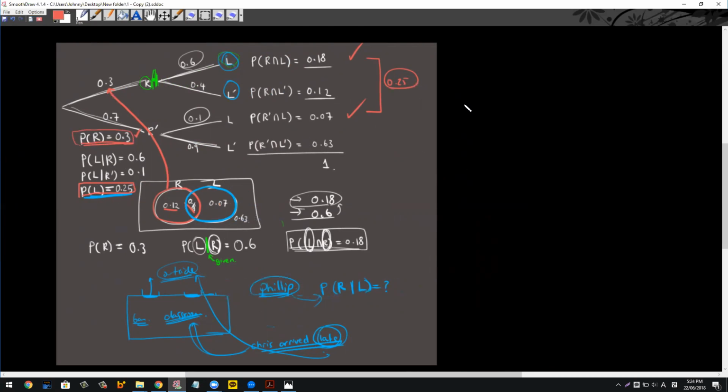So probability of rain, I want you to times that by probability of late. This is the probability that it rains in Canberra, and this is the probability that Chris will be late to school. Whether it rains or not doesn't matter, it's just probability of late in general. So I want you to multiply these two and see what you get.